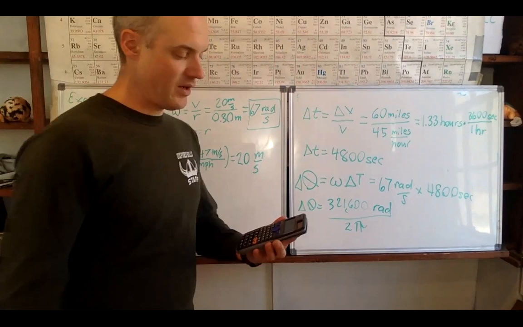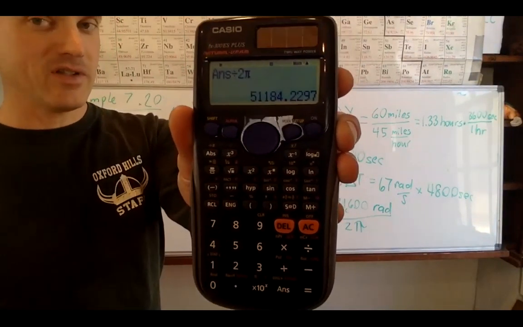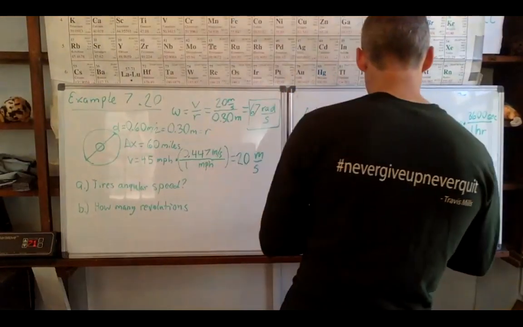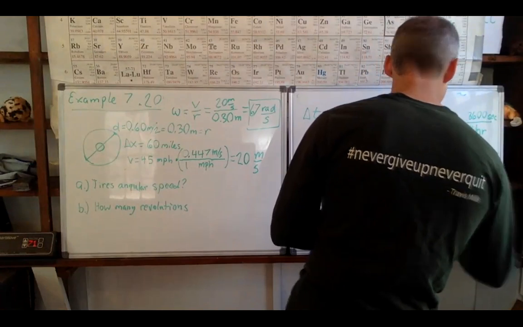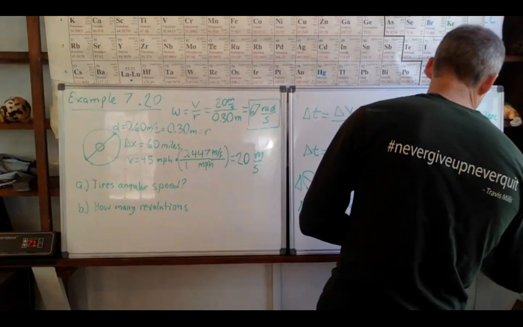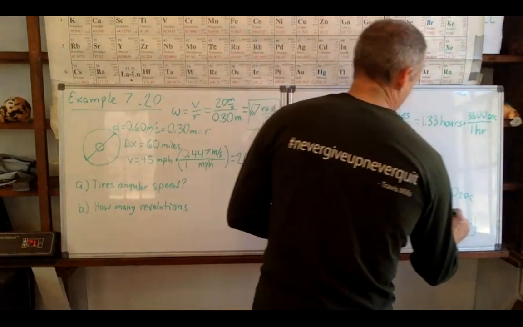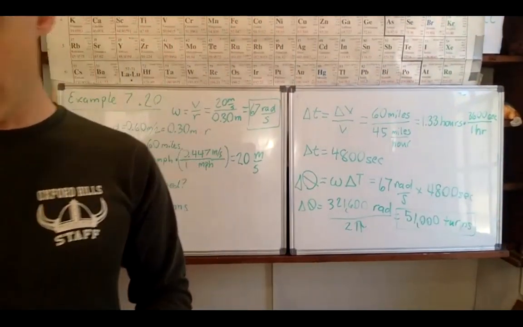And we get around 51,000 revolutions of the wheel.